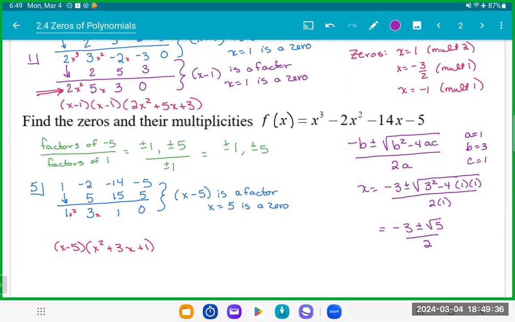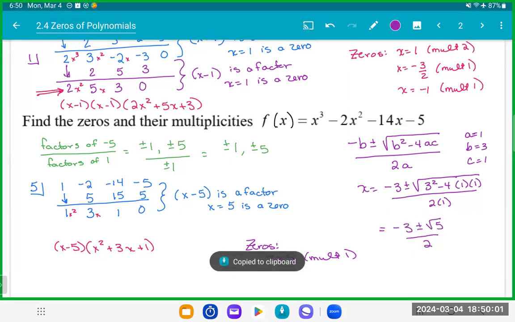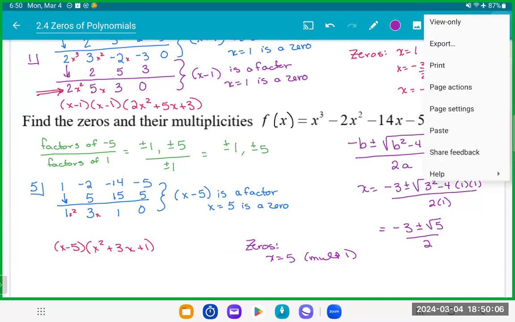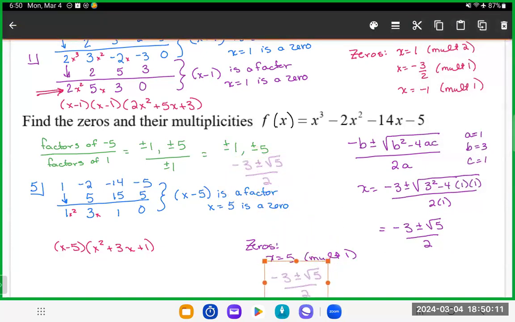Okay, so when we're looking for the zeros and their multiplicity, we would say here that the zeros are x equal to 5, multiplicity 1, and x equals -3 plus or minus square root of 5 divided by 2 is our other 2 zeros.